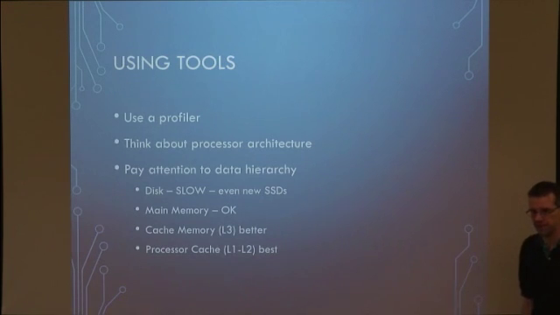Paying attention to the data hierarchy is important because, as you all know, as you go down the data hierarchy, things get faster by orders of magnitude. Disks, you don't want to hit them at all if you can help it. Even with the new SSDs, if you have to go get something off disk, it's going to be orders of magnitude slower than if it's in main memory.